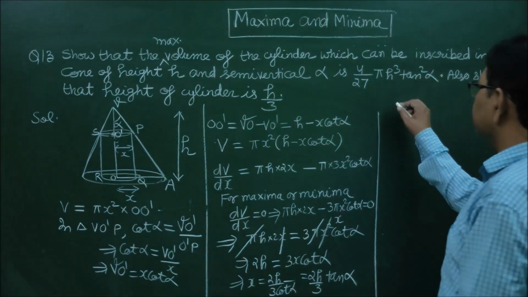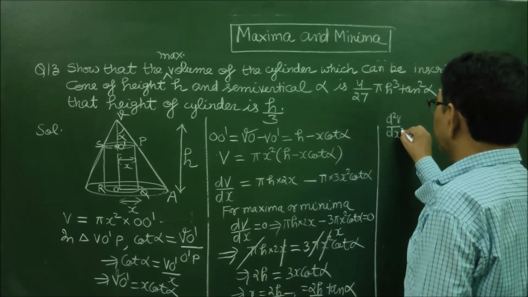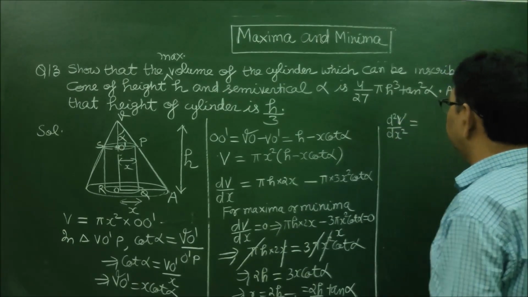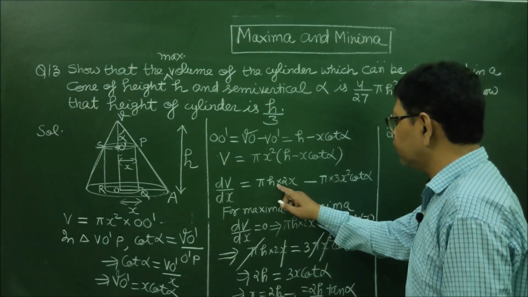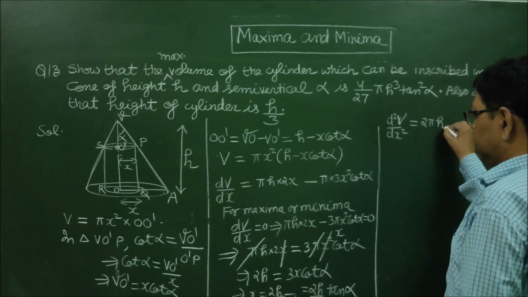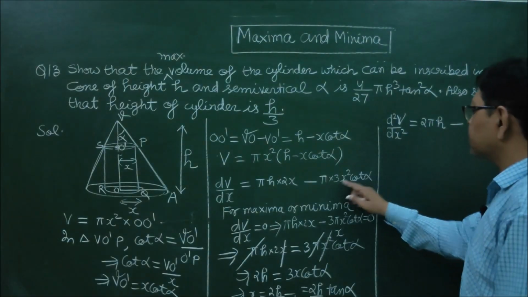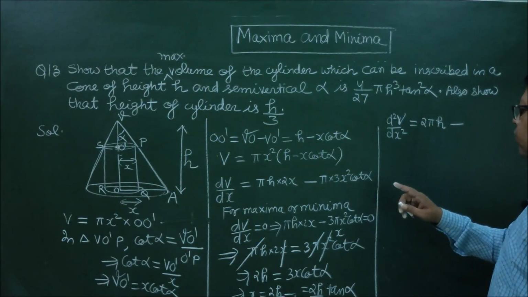Now let us find the second derivative, d square V over dx square, differentiating the volume one more time. We get 2 pi h minus 6 pi x cot alpha.